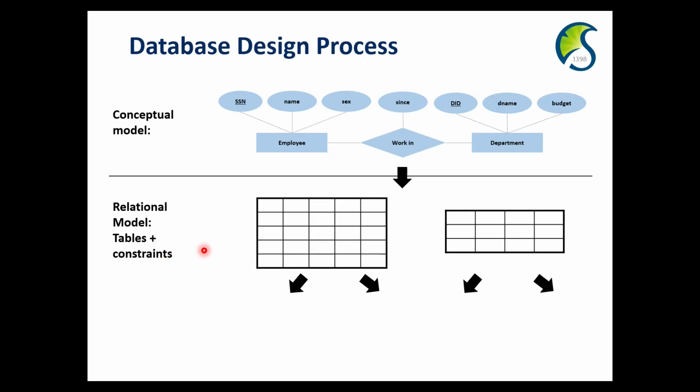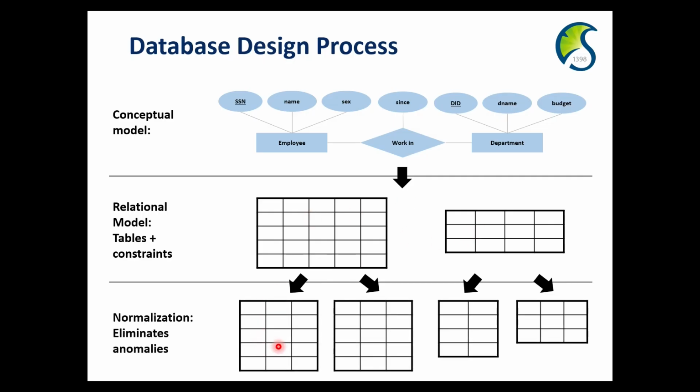Sometimes we further split one table into multiple tables to eliminate anomaly problems, meaning that some data has redundancy. To eliminate the data redundancy, we can split one relation into multiple relations. We call this procedure normalization. We also cover how we split one relation into multiple relations by using normalization theory.